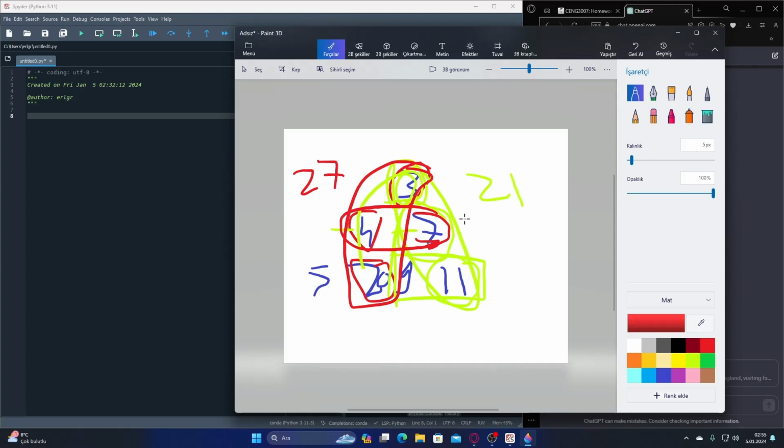First, cast the optimization problem as one in which you make a choice and are left with one subproblem to solve. Second, prove that there is always an optimal solution to the original problem that makes the greedy choice, so that the greedy choice is always safe.